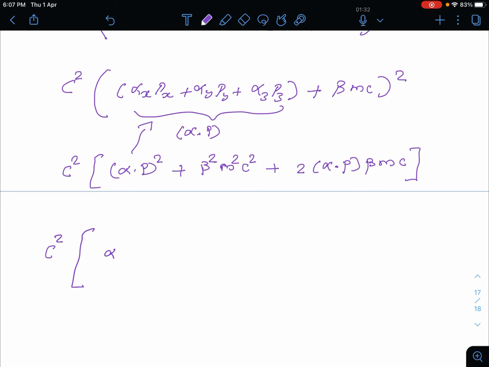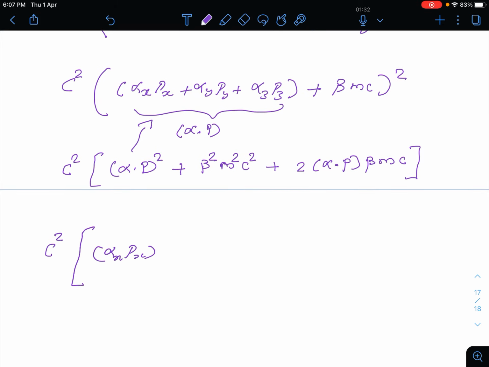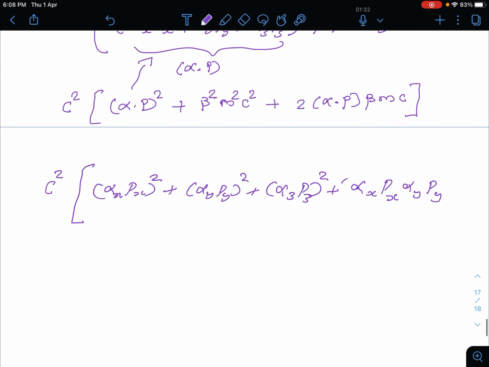So what I am going to get now is alpha x px whole square plus alpha y py whole square plus alpha z pz whole square plus alpha x px alpha y py. Let us write it for the sake of simplicity. Okay, don't worry.